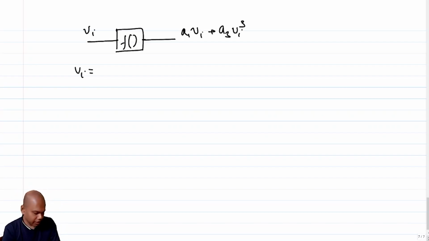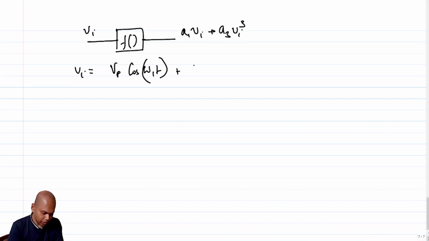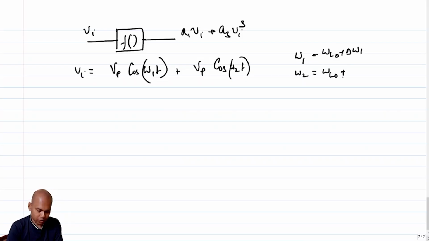Okay, fine. So if the input is Vp cosine omega 1t plus Vp cosine omega 2t, again the assumption is omega 1 is equal to omega LO plus delta omega 1, and omega 2 is omega LO plus delta omega 2, where delta omega 1 and 2 are much less than omega LO, right?